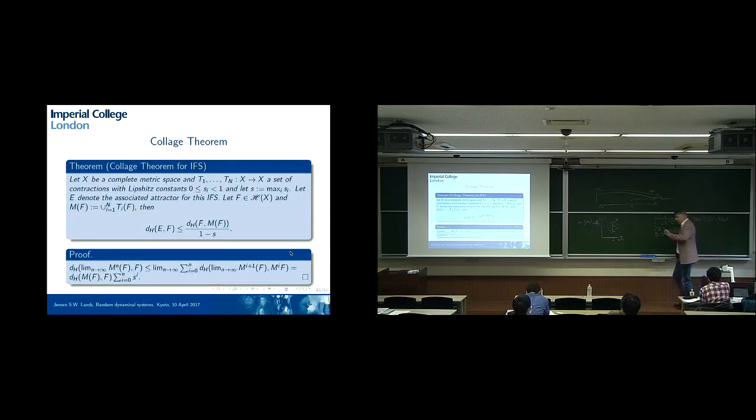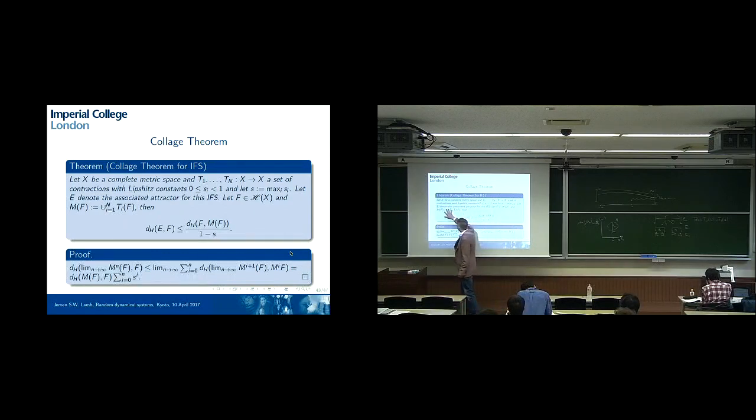So I just map the sets forward. And if I can approximate these things in the Hausdorff distance, I say, if I have an object f, and M of f, so f is just some set.